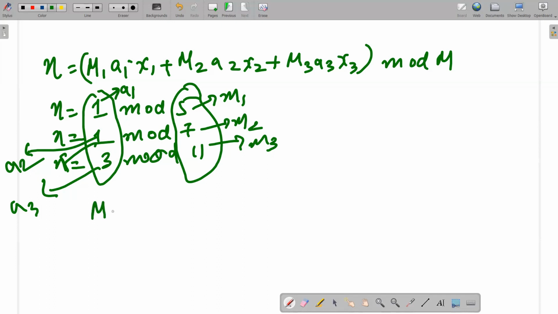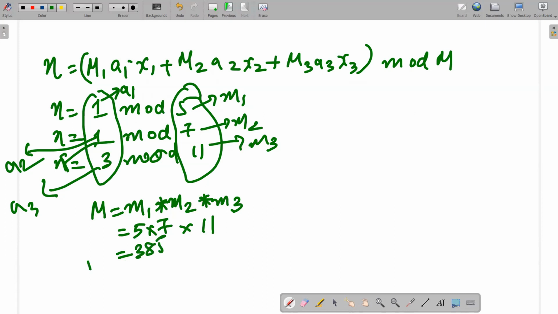Your capital M is M1 multiplied by M2 multiplied by M3. So 5 multiplied by 7, which is 35, multiplied by 11, which is 385, is capital M.